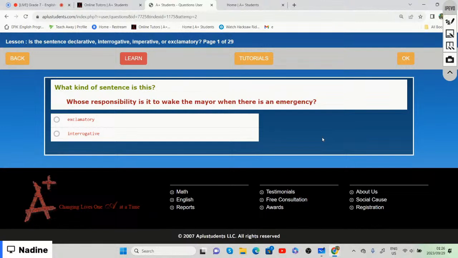Is it an exclamatory sentence, an imperative sentence, or an interrogative sentence? In this case, it is an interrogative sentence.